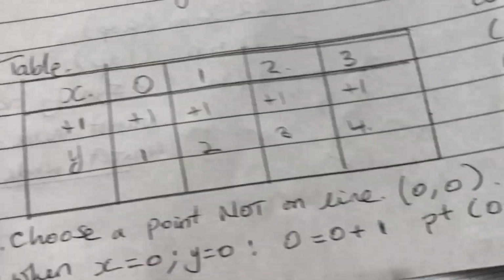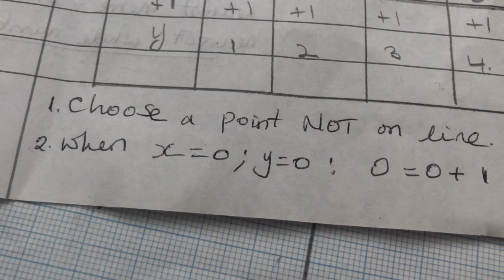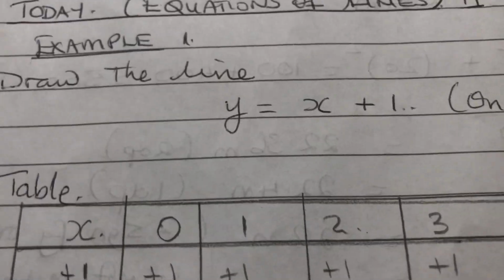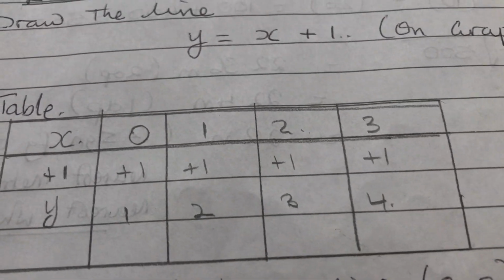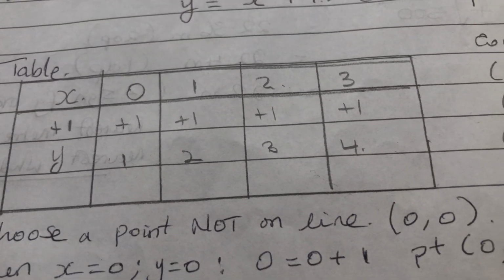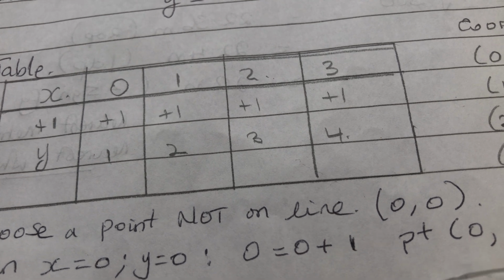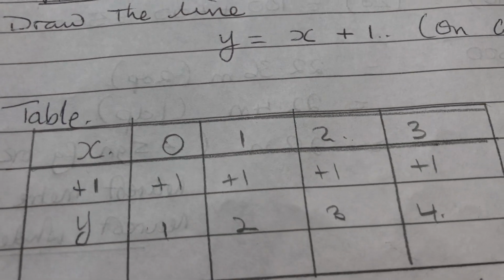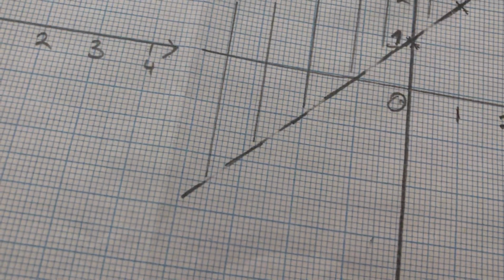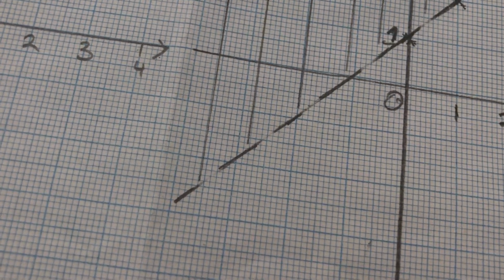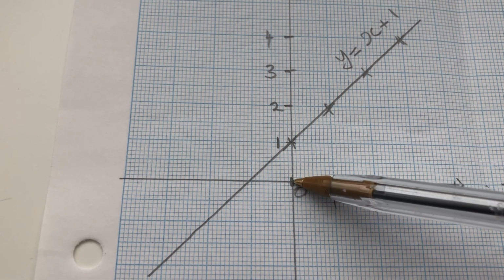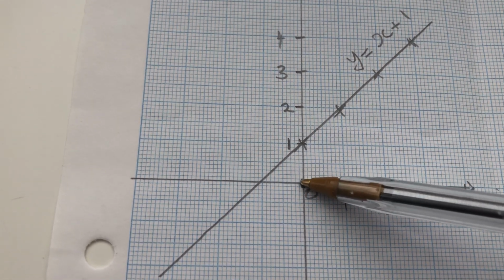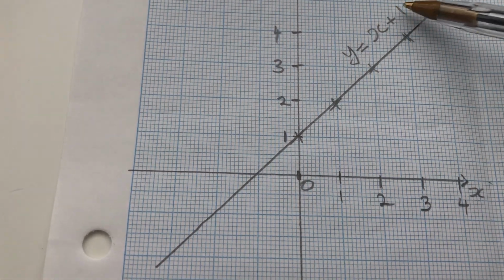So first of all, you need to choose a point not on the line. So I will choose 0, 0 here. If you look at the line we drew, this point 0, 0, the origin, is not on the line.